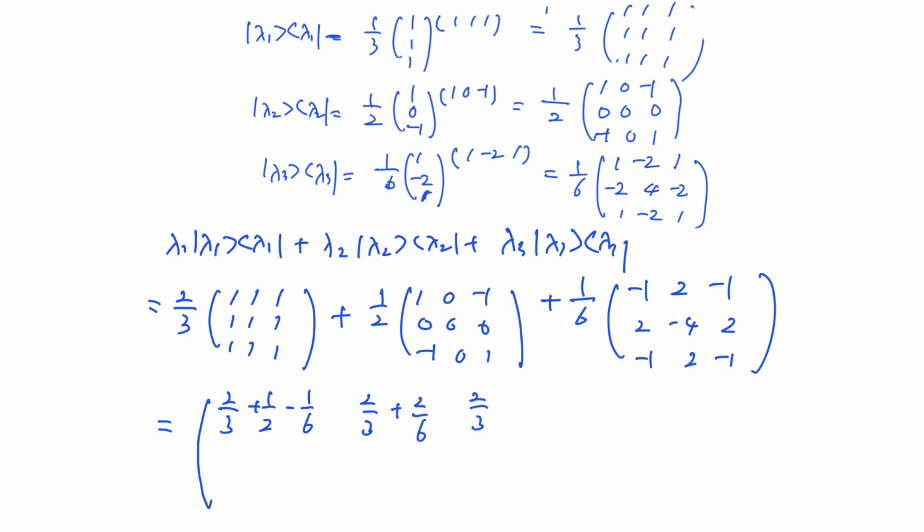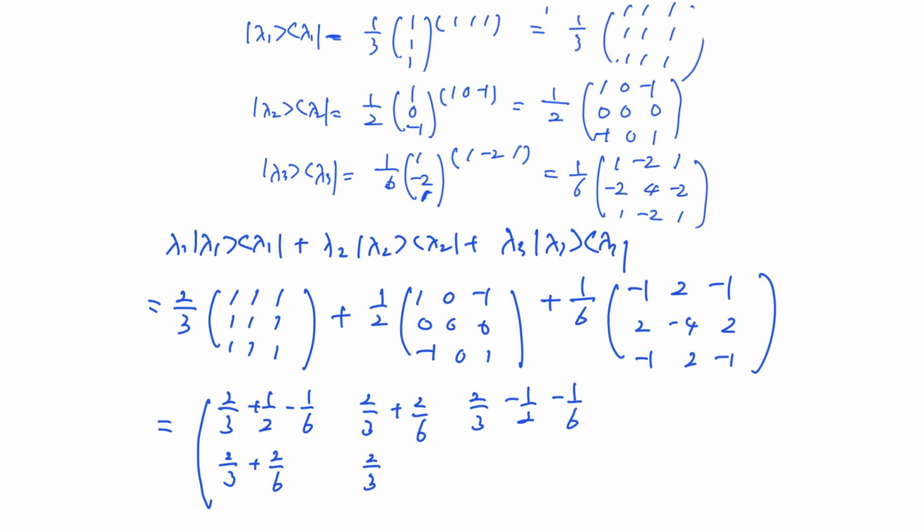Two over 3 minus 1/2 minus 1 over 6. Two over 3 plus 2 over 6.